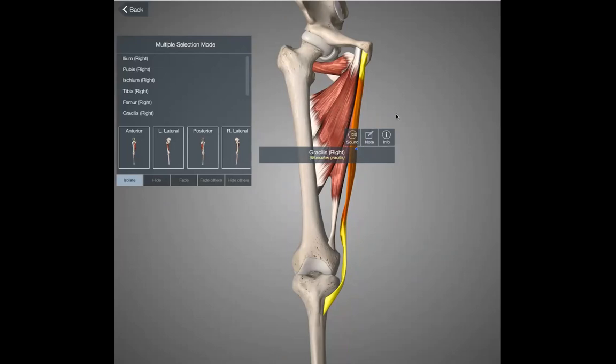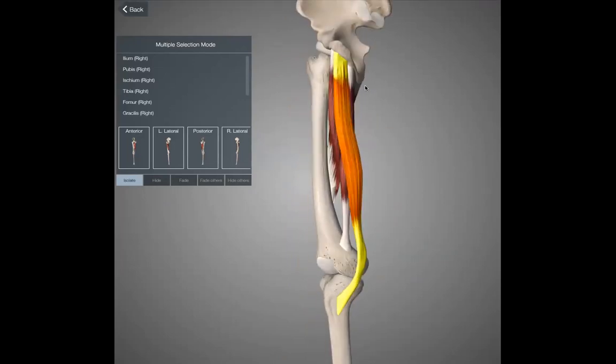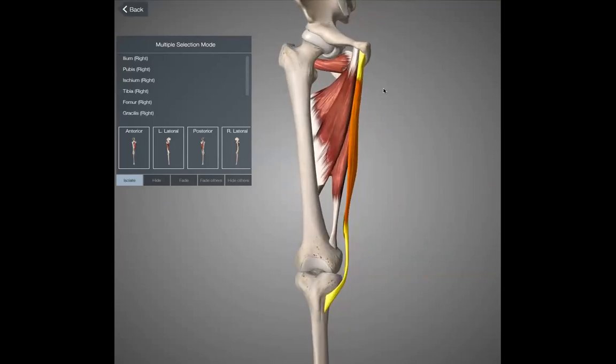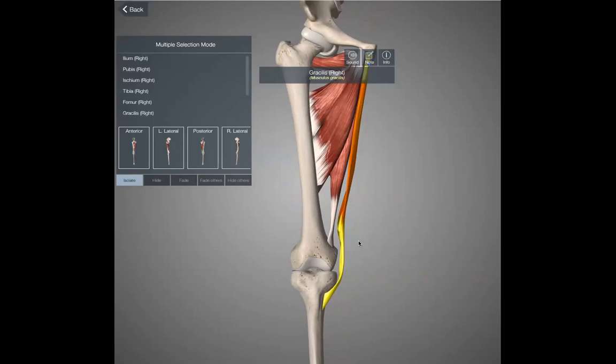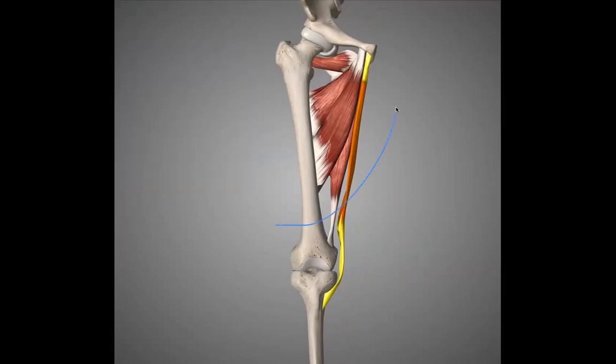It originates from the inferior rami of the pubis, and it descends down medially, okay, and attaches to the medial surface of the tibial shaft. Action, again, adduction of the thigh at the hip joint and flexion of the leg at the knee. Causes flexion of the leg. Again, innervation is the obturator nerve. Okay.